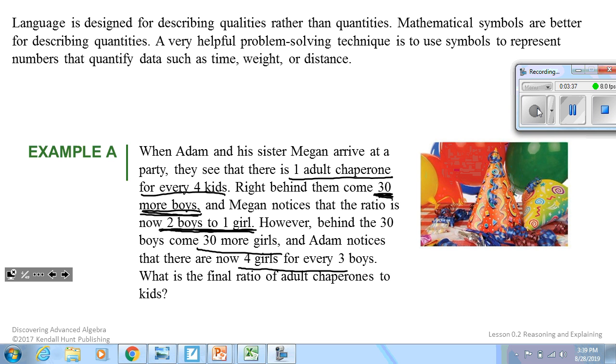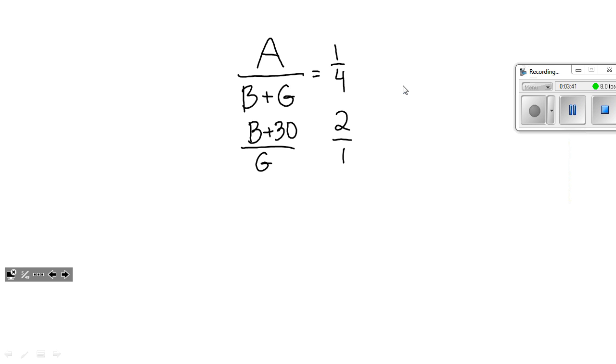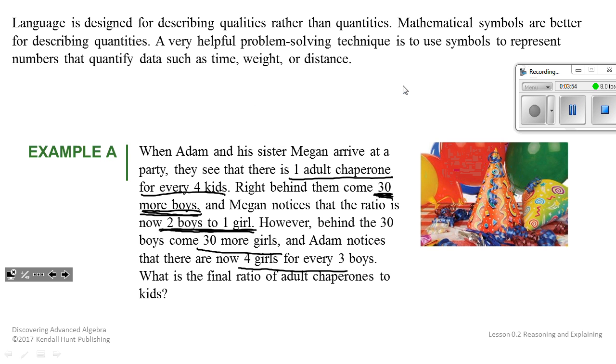I'm going to say my next equation is going to be boys plus 30, 30 more boys enter, so this one right here. So 30 more boys enter compared to girls, and that new ratio is 2 to 1. So does that make sense? We look at this, 30 more boys enter, so boys plus 30, compared to the girls, and that ratio is 2 boys to 1 girl.